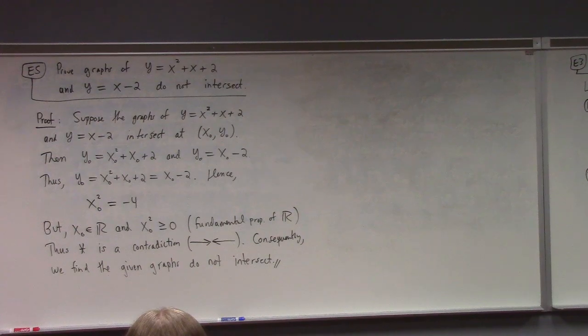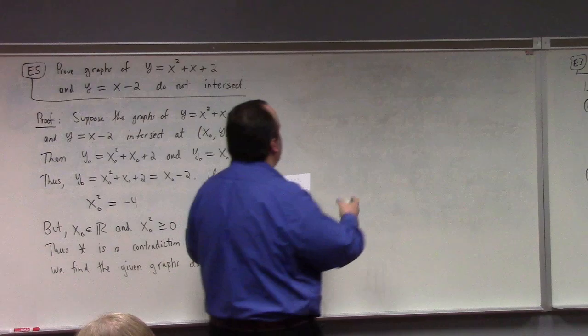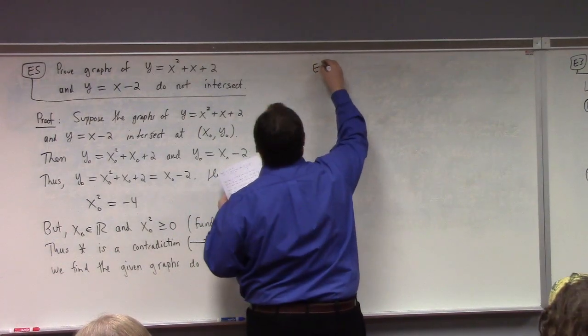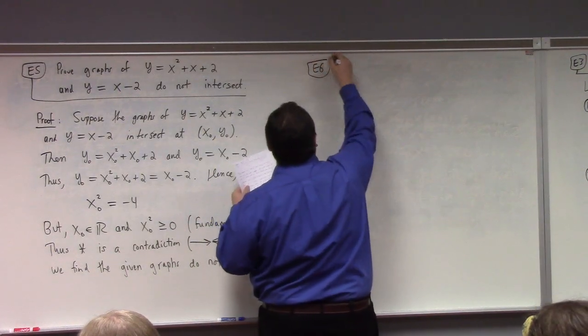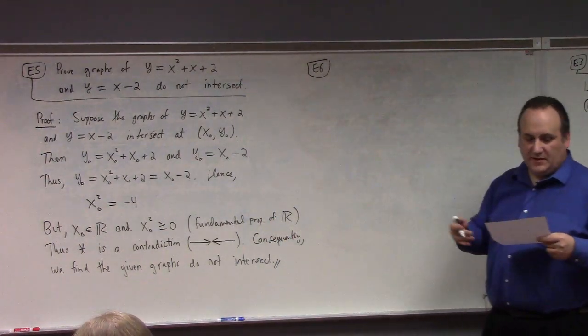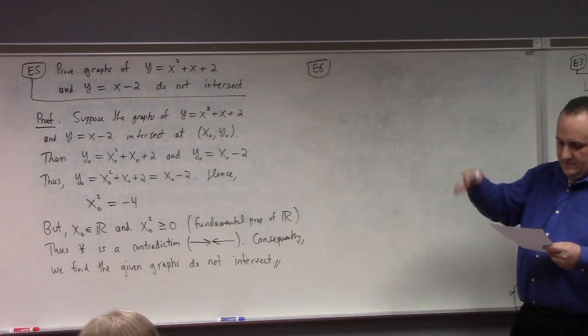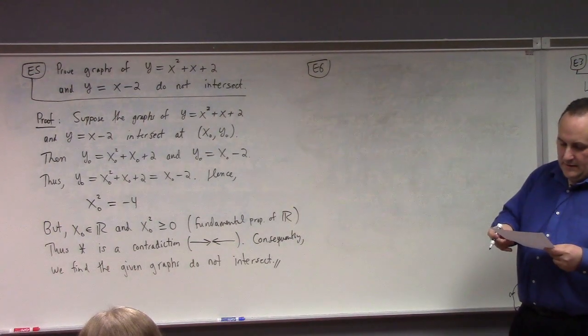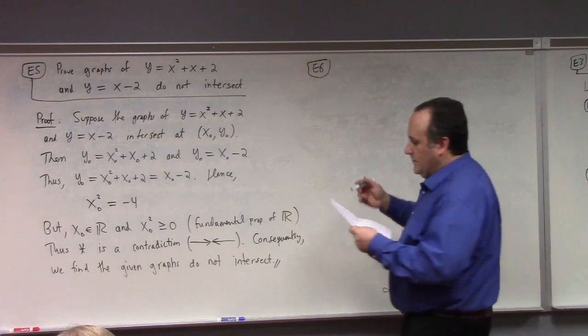All right. Here's another example. Example 6. But proof by contradiction rests on the law of the excluded middle, so you can look back at the sheet I gave you last time for that. So this is another example.